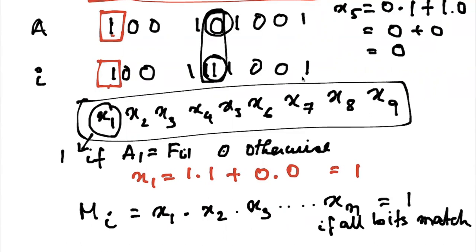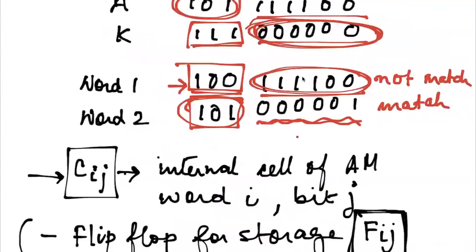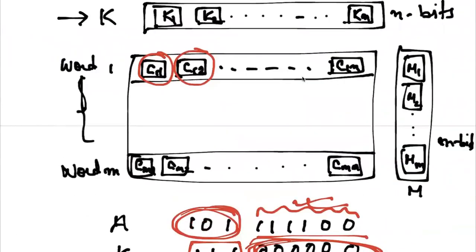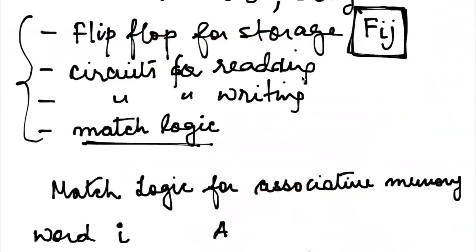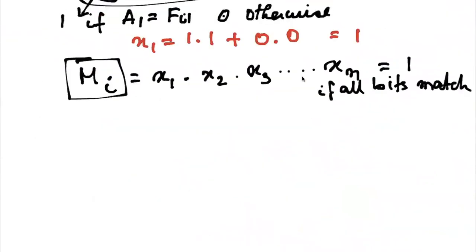Okay. So I'm assigning this to mi. What is mi? Mi here is the corresponding bit of the match register. So the corresponding bit of the match register will be set to 1 only if it's a match. It will be a match only if all the bits x1, x2, x3, up to xn are 1.